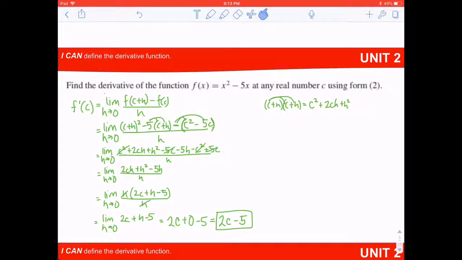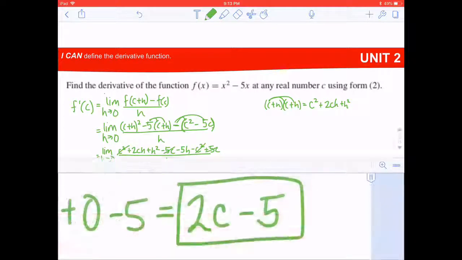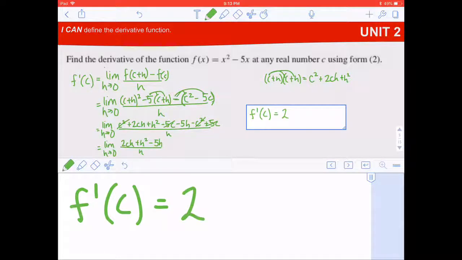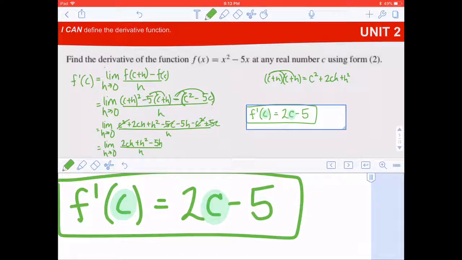So f prime of c is equal to 2c minus 5. And remember, c is just some x value there. So we can plug in any x value into this function here, and it's going to give us the derivative or the slope of the tangent line at any of those specific x values.